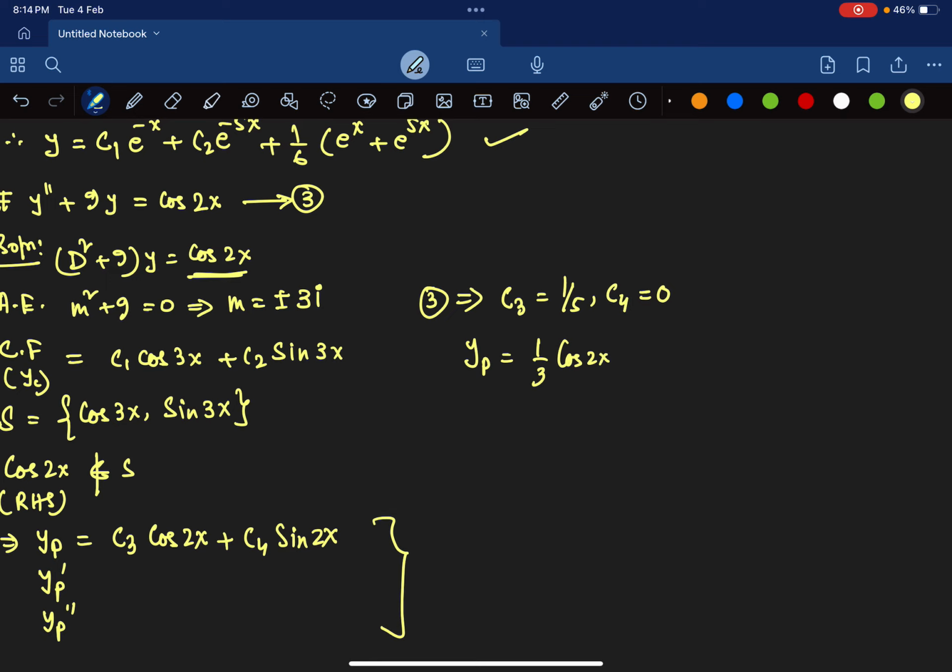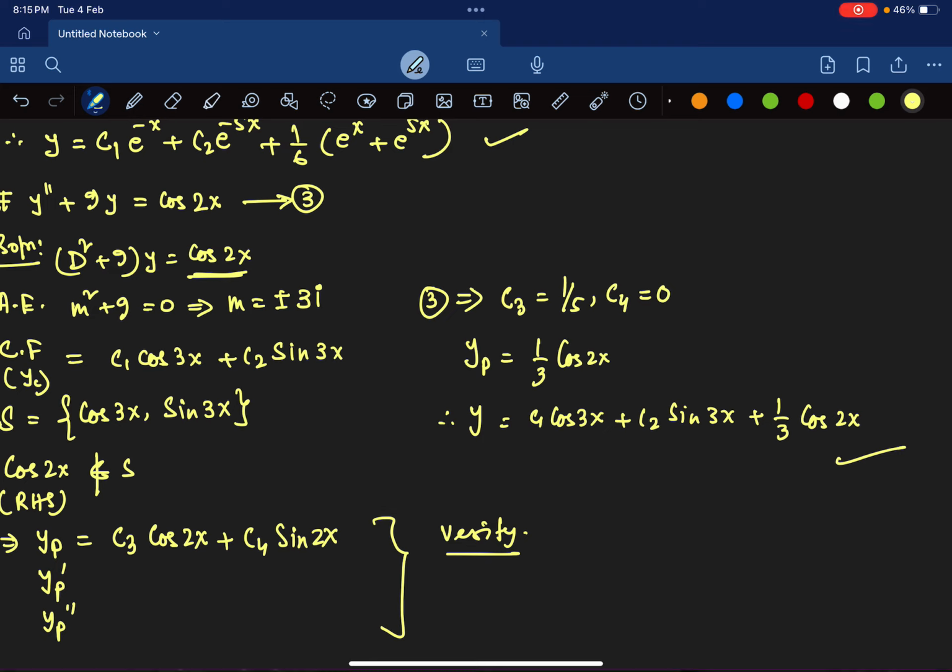So the solution y is c1 cos 3x plus c2 sin 3x plus 1 by 3 cos 2x. This validation part you can do. So verify this one: just put the values and try to find out c3, c4 from this expression.